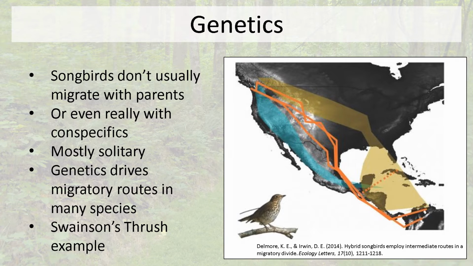Well, the really cool thing is they looked at birds that had a hybrid genotype. So a bird that was a mix between a mom that was this and a dad that was this, and they found that those birds, these orange lines, tended to travel up the middle, showing that it's very much a genetically predetermined behavior that these birds engage in.